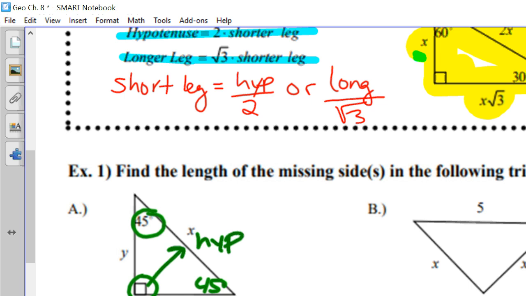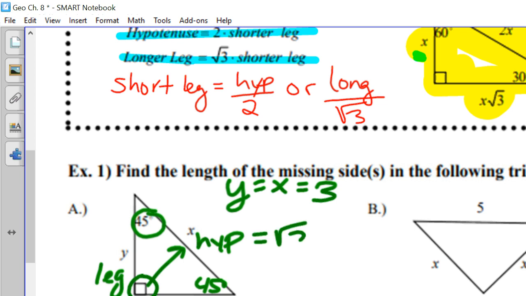This guy is a leg, and this guy is a leg. So we can say that the hypotenuse is root 2 times the leg. Well, we know y is going to be equal to whatever that other leg is, and that's equal to 3. 45, 45, 90 is always an isosceles triangle, so the legs are going to be equal. The hypotenuse is root 2 times the leg.